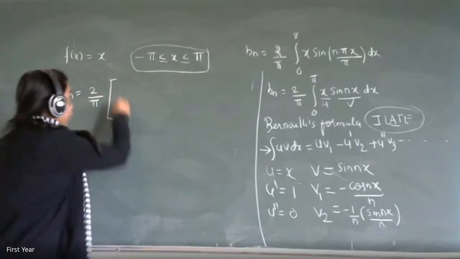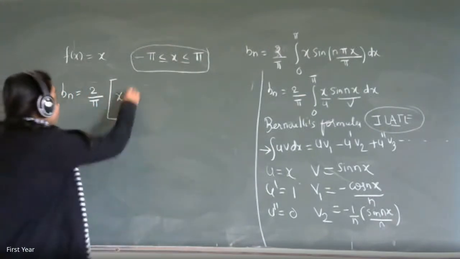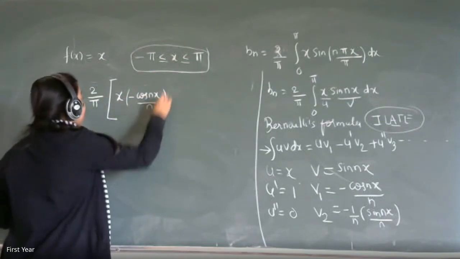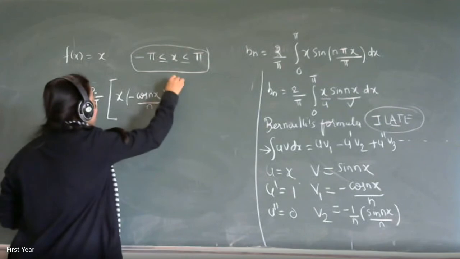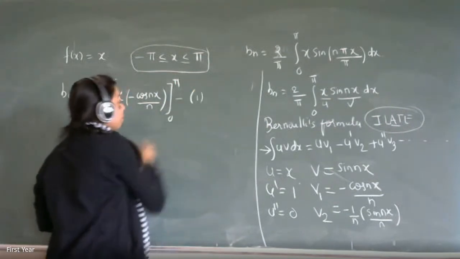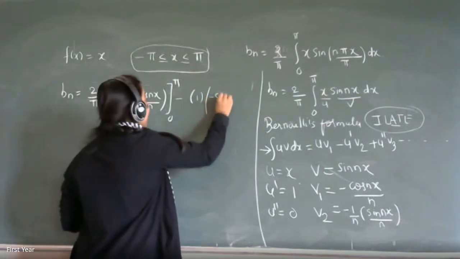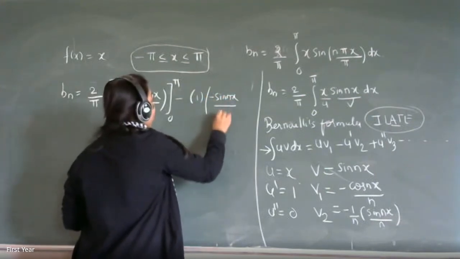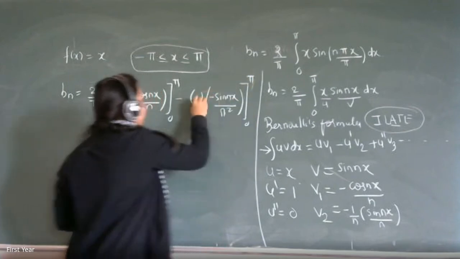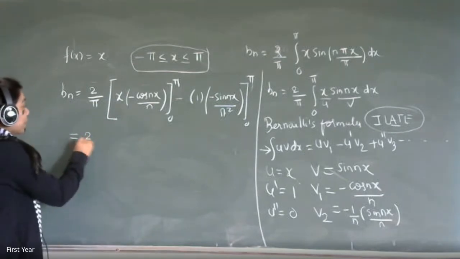U as it is, so x into first integration, that is minus cos nx by n, from 0 to pi, minus u dash. The first derivative of x is 1 and the second integration is minus sin nx upon n square. From the next term onwards there is no need to write because the first derivative of 1 is 0. You substitute now the value and you get the answer.